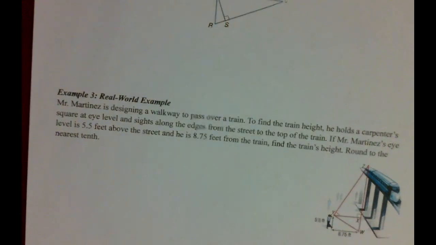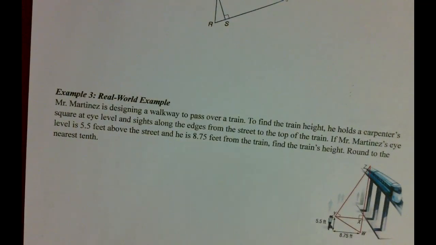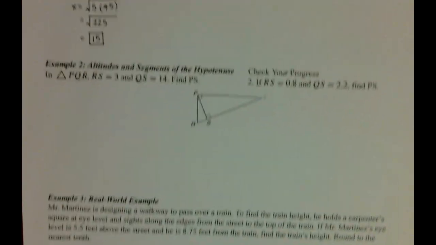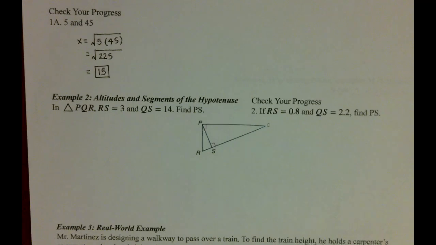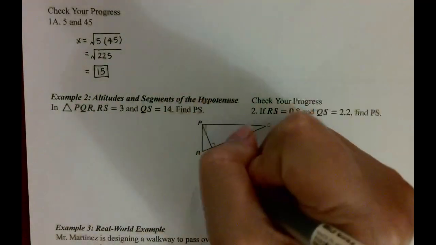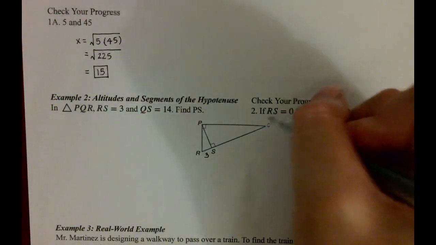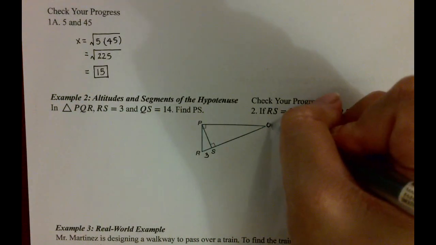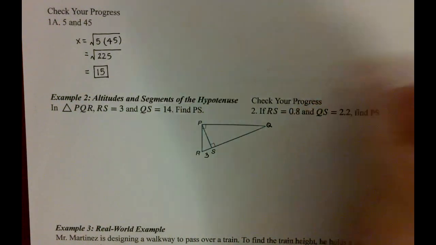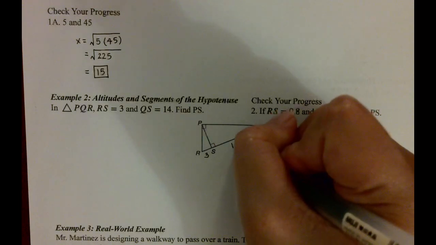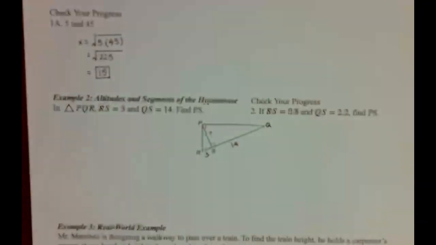That takes us to example 2. Here we have triangle PQR. We're told that RS is 3, QS here is 14, and we want to find what PS is.